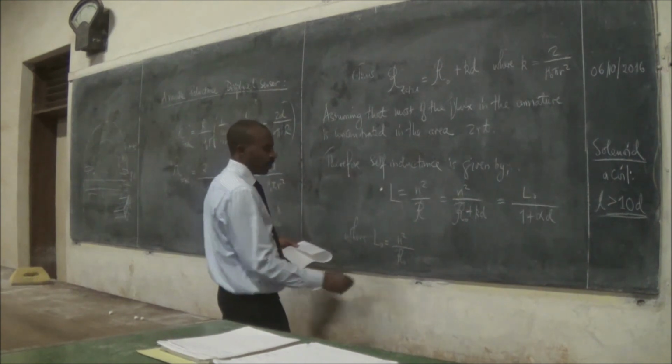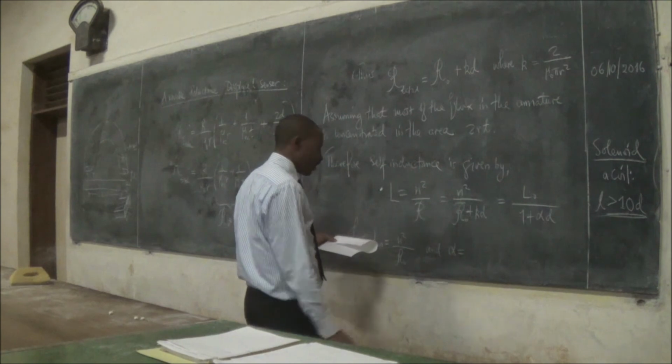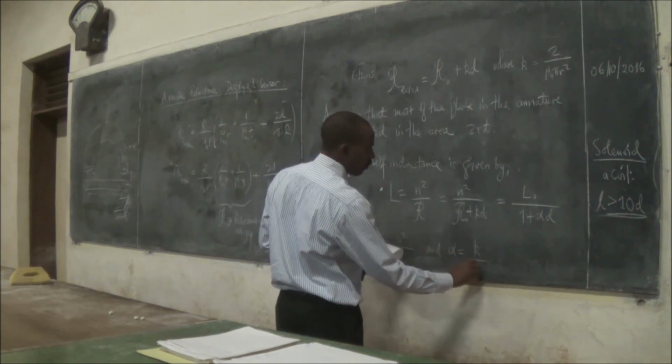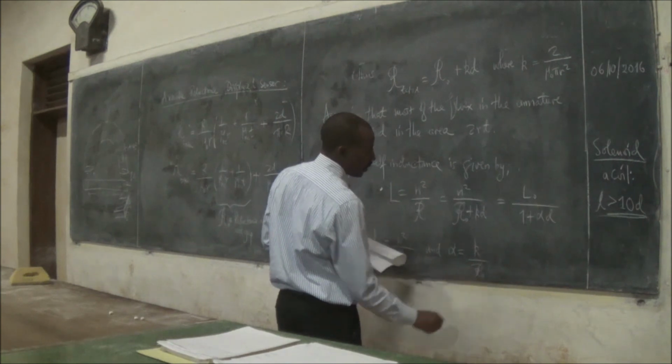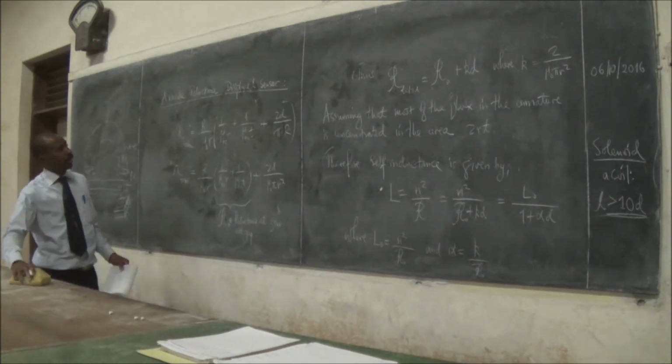Okay, nice, R naught, and the new constant alpha is K over the reluctance with 0 air gap.